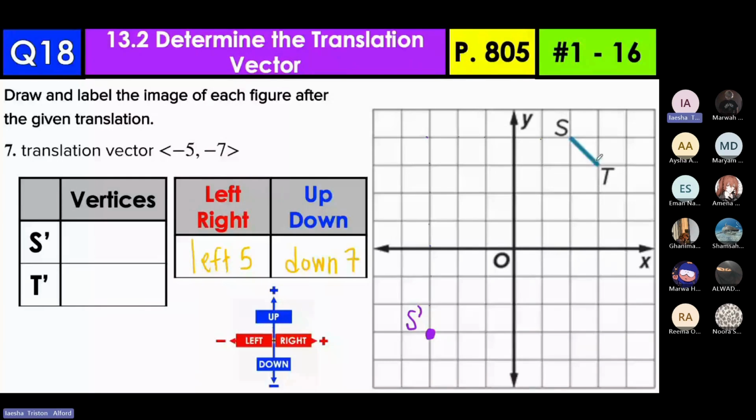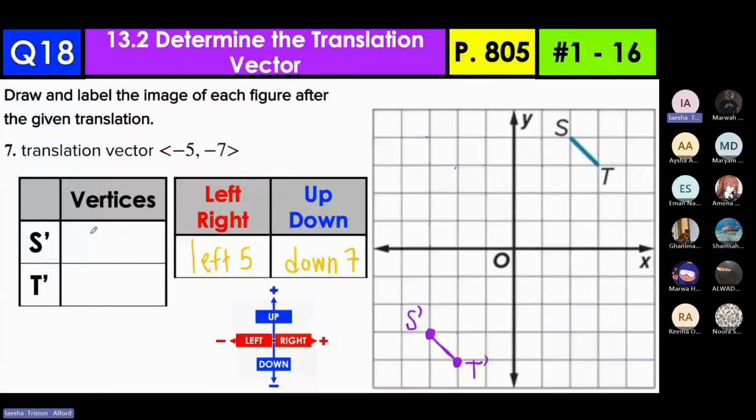Okay. T, 5 left: 1, 2, 3, 4, 5. 7 down: 1, 2, 3, 4, 5, 6, 7. What's the name of this? T prime. Make sure you connect the dots.